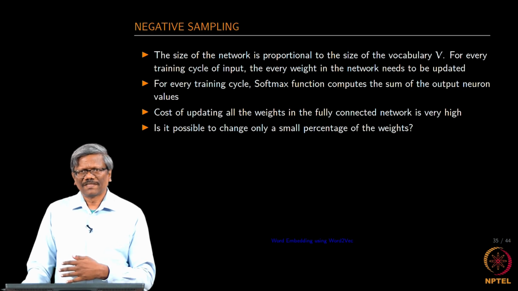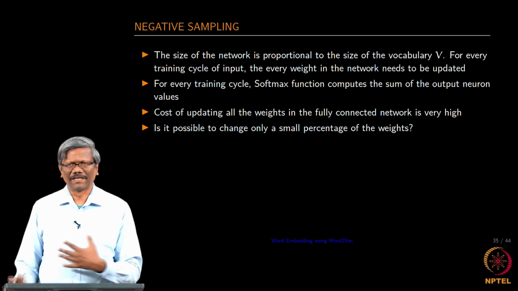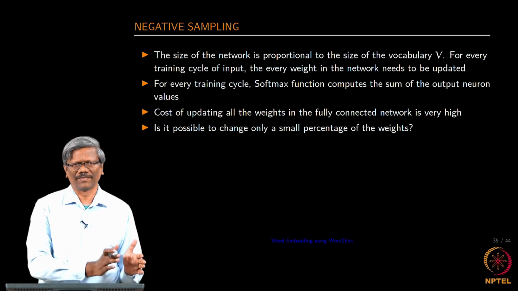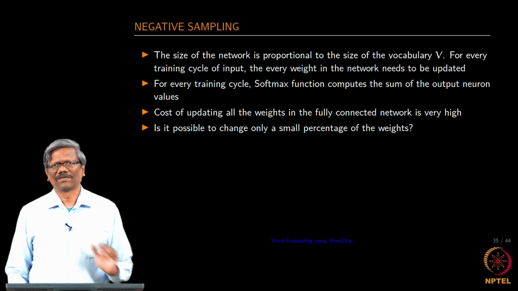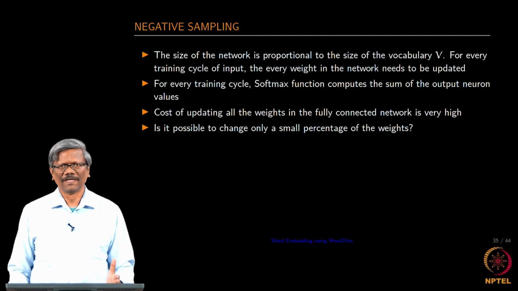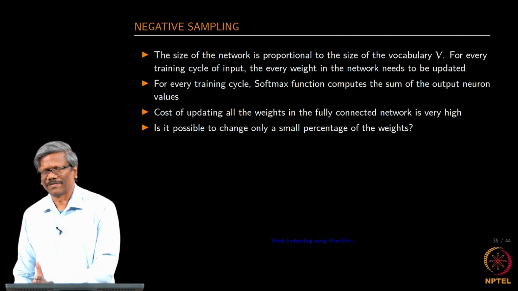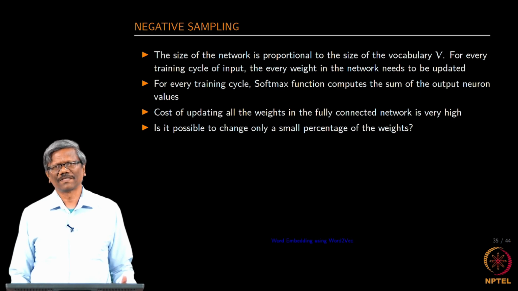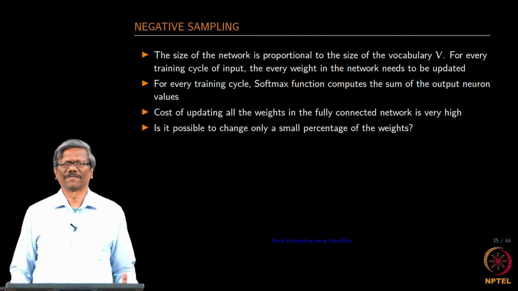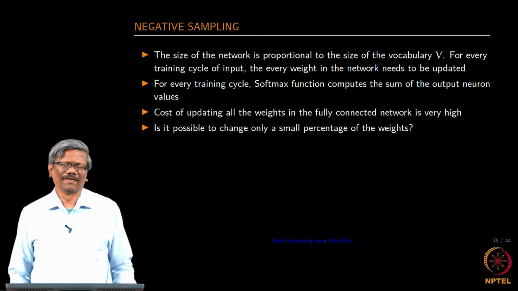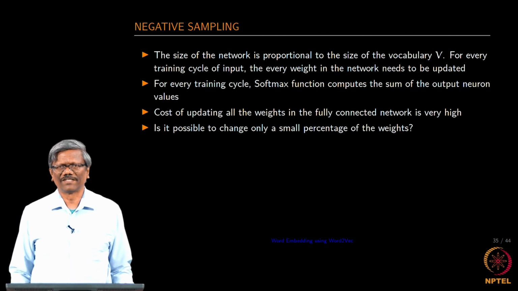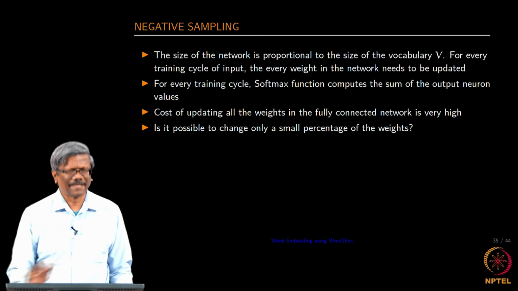For the rest of the words, there are some errors, but they do not impact the training when we train the set of context words and the target words, or, in the skipgram model, when you use the input word and try to predict the context word. Rest of the words do not really contribute anything to this. So, can we curtail the updation of the weights by only choosing a certain number of weights to be updated? That is where negative sampling comes into play.